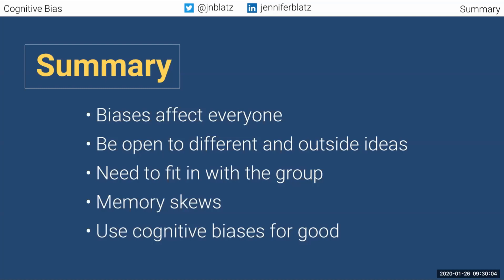We also discussed our human need to fit in with the group, like the cognitive bias, the courtesy bias. We also talked about how our memory can be skewed when we think something we've seen recently, like in the Baader-Meinhof effect, makes us think we're seeing something all the time. And then finally, we talked about some ways to turn that frown upside down and use cognitive biases for good in our designs.